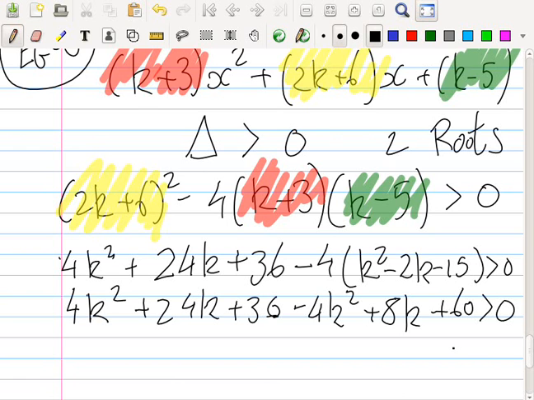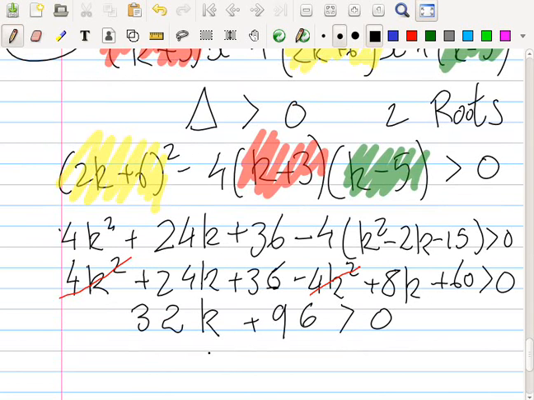Now, although it looks messy, quite nicely things start to cancel here. So you notice that you have a 4k squared here and a minus 4k squared here. So what are we left with? 24k plus 8k, so that's 32k. 36 plus 60, 96, greater than 0.